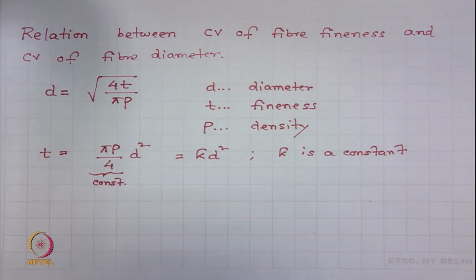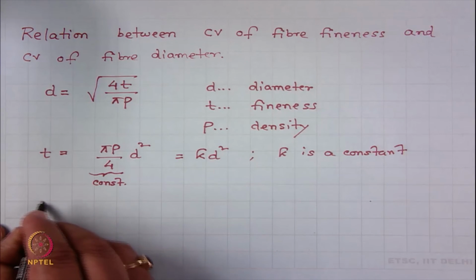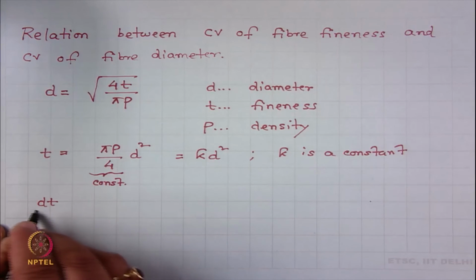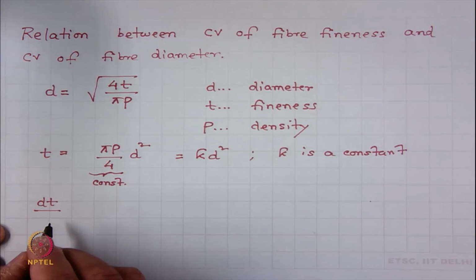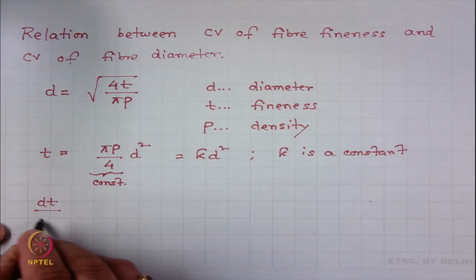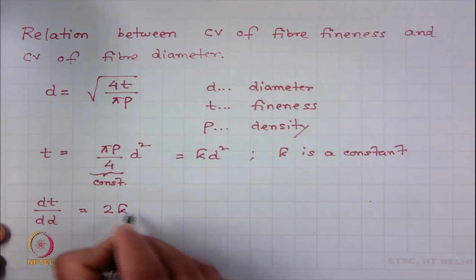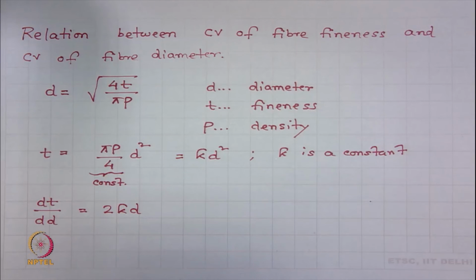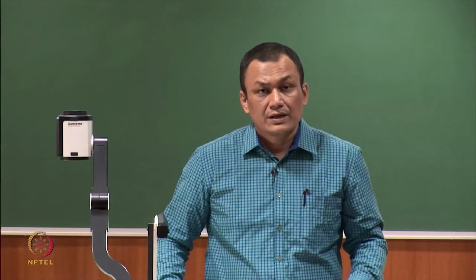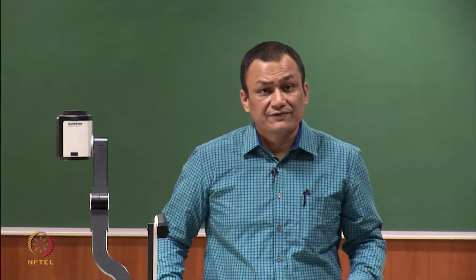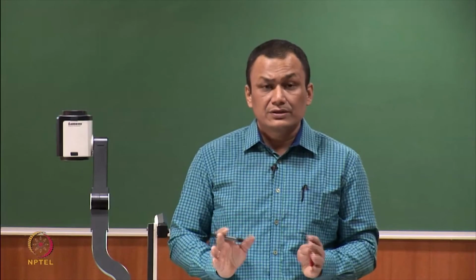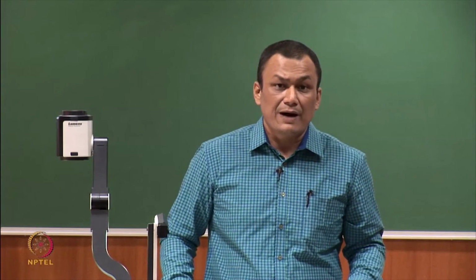Then we differentiate T with respect to d, then we obtain 2 k d. Okay.